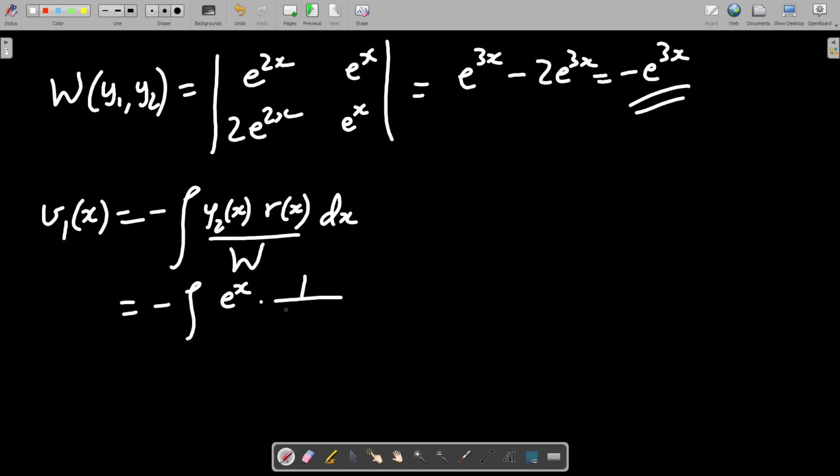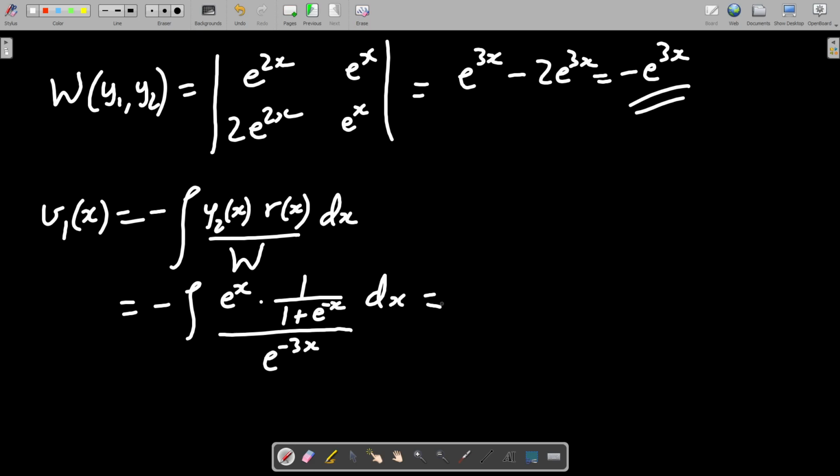The RHS, r of x, is 1 upon 1 plus e raised to minus x, upon our Wronskian over here, which is minus e raised to 3x.